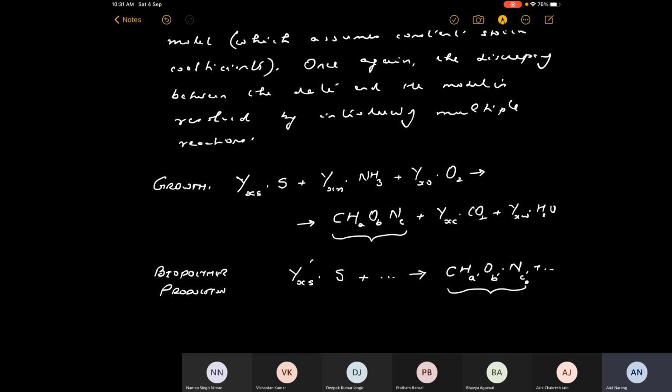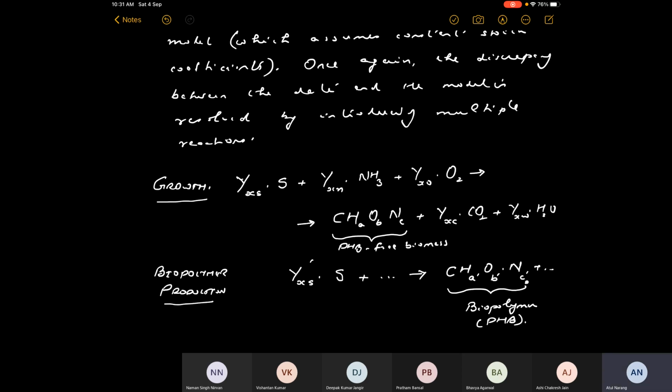This is the composition of biopolymer. Or in our example, it was PHB. So this is PHB free biomass, and this is PHB. Okay, so this is one reaction, and this is the second reaction.